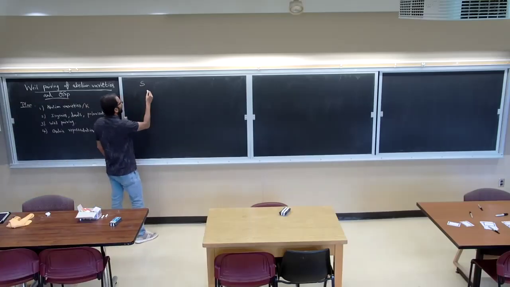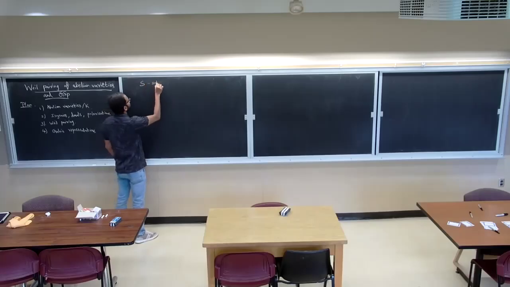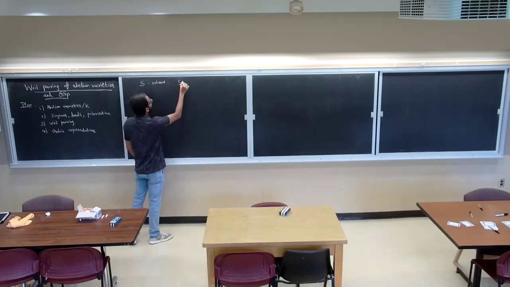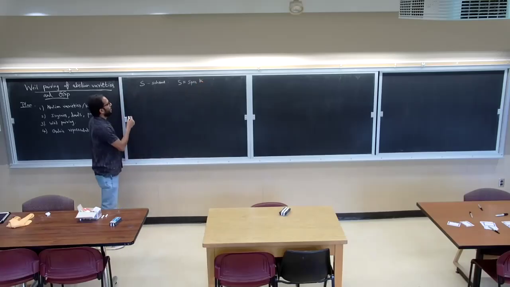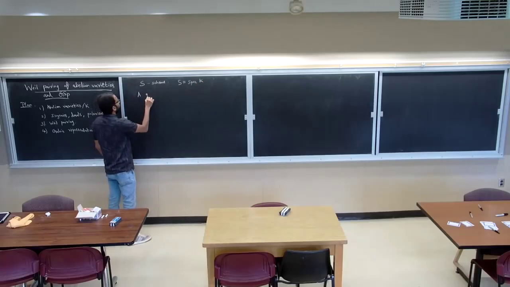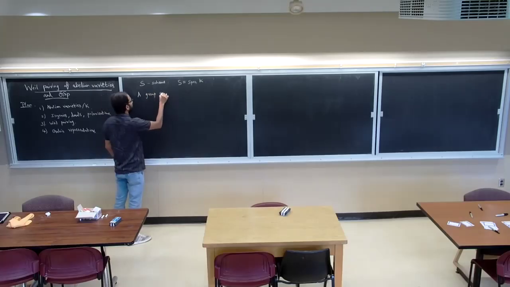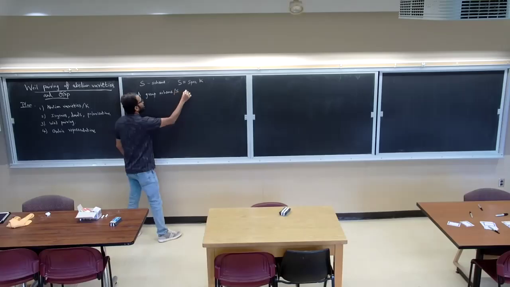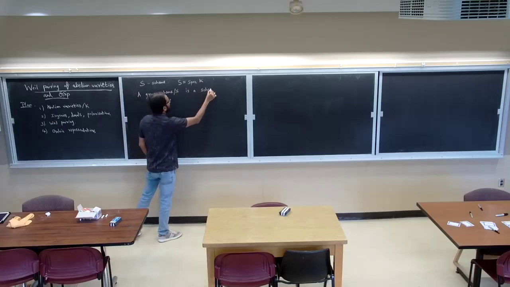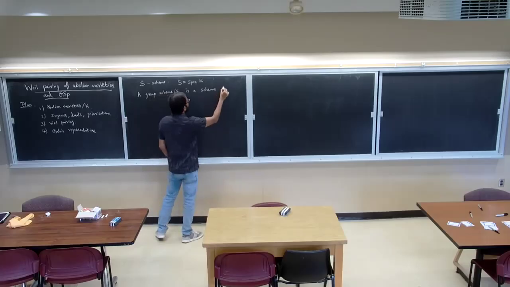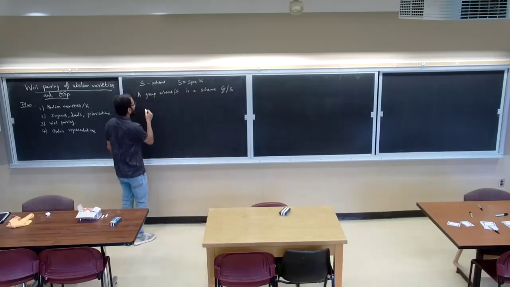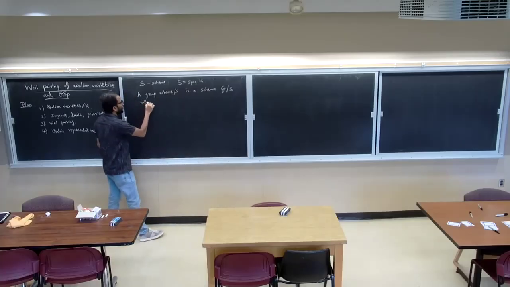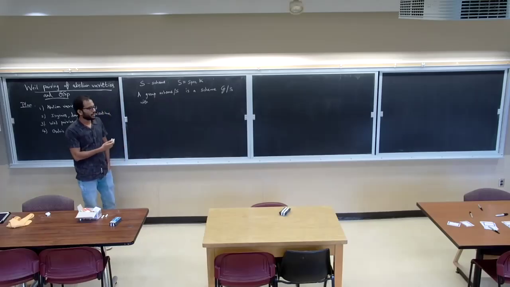So I'm going to fix a base scheme S. Throughout this talk, it's okay to take S to be Spec K. Now, what is a group scheme over S? It's a scheme over S with morphisms which give a group structure.